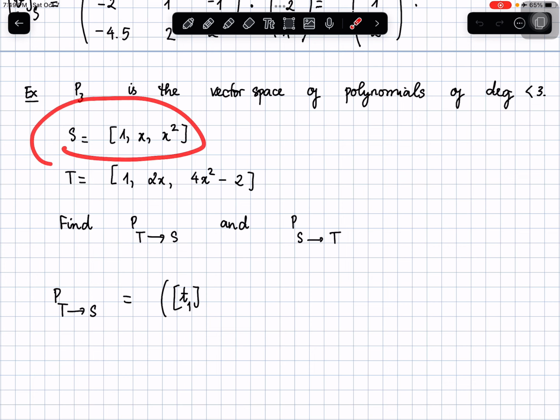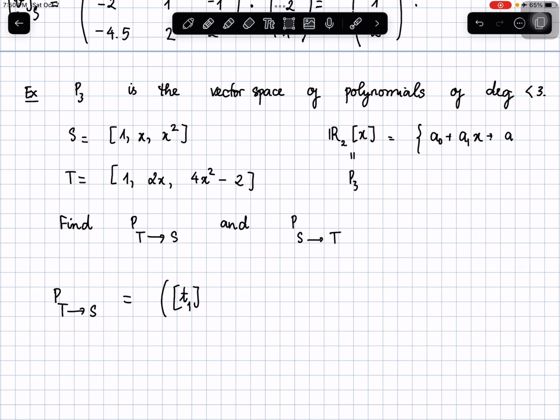Recall that a polynomial of degree less than 3, this set, sometimes we also write as R2 or R3, say R2[x]. P3 is actually the set of all polynomials, say a0 + a1x + a2x squared.